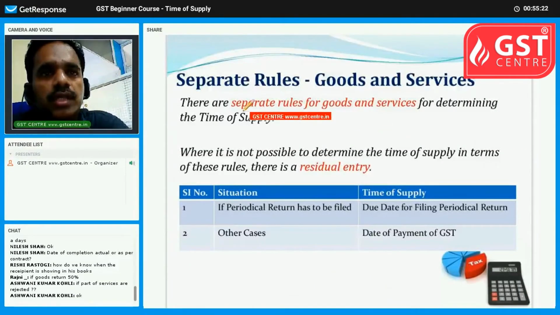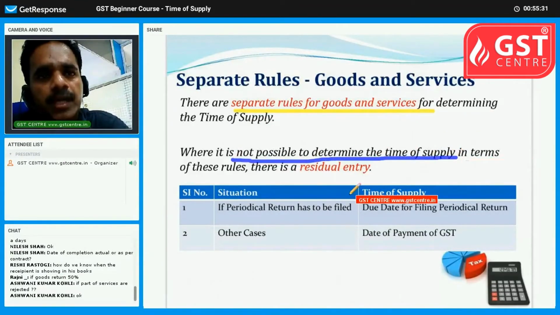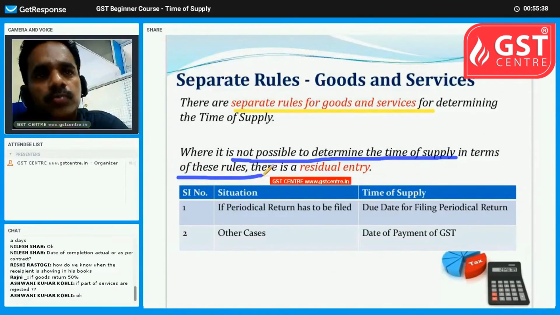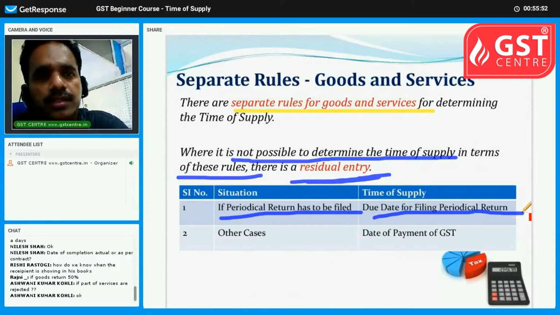As I have told earlier, there are separate rules for goods and services, and if it is not possible to determine the time of supply in terms of these rules, the rules we have learned in the earlier two PPTs, there is a residual entry. If a periodical return has to be filed, the due date for filing the periodical return should be taken.